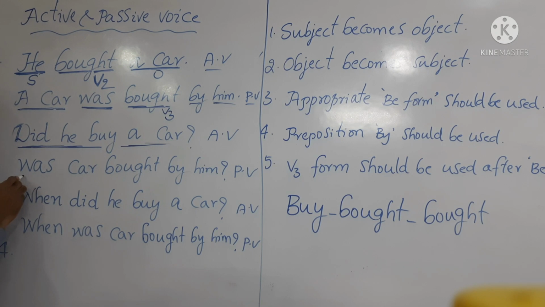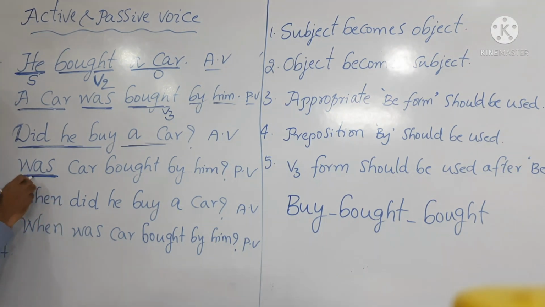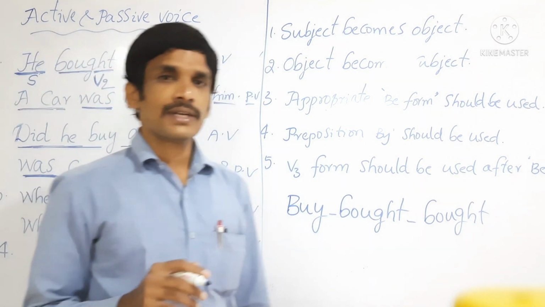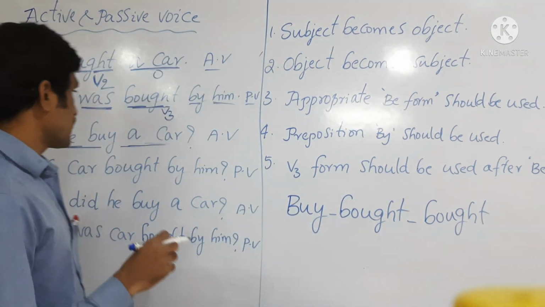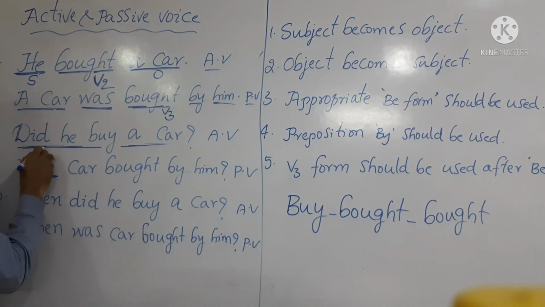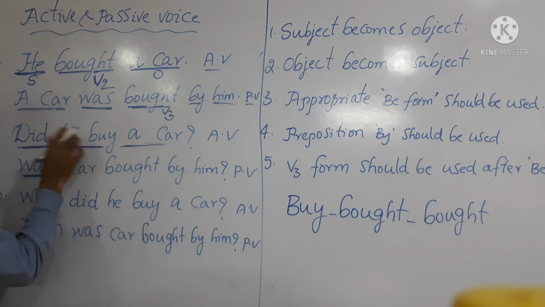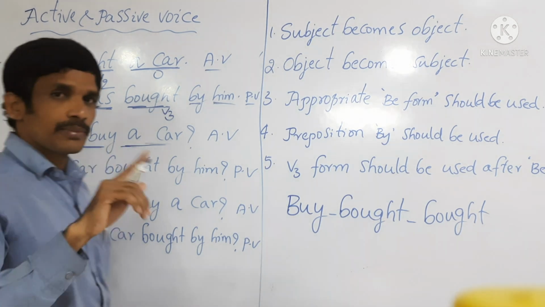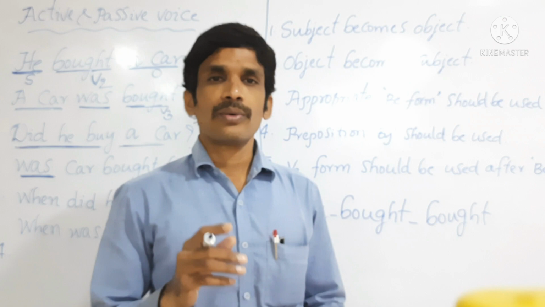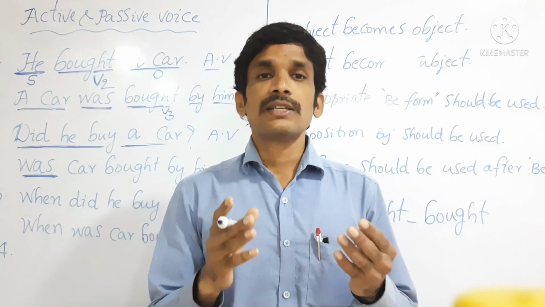Here the helping verb is "was", the be form of the past tense. Why do we write the be form of the past tense? Because the given sentence in active voice is past tense. Did plus buy, bought. So the given question is in past tense.